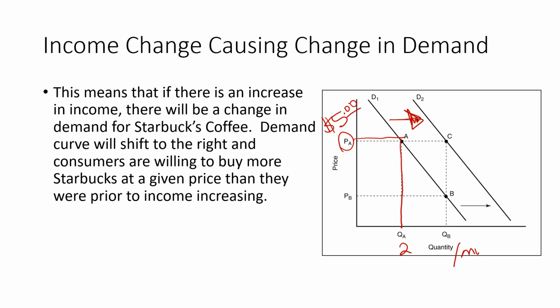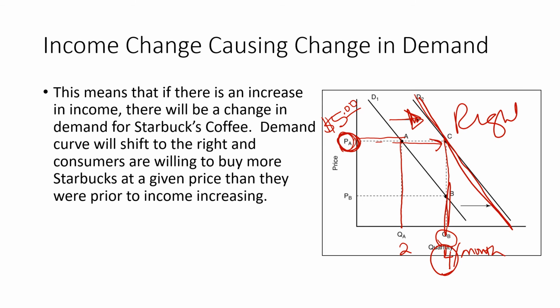I'm going to say this is quantity per month, 2 cups per month. But if my income increases and nothing else changes, the price of the coffee is still $5, my demand curve shifts over, I follow this demand curve now, and I am now willing to buy 4 cups per month. So if something is a normal good, an increase in income will shift the demand curve to the right.